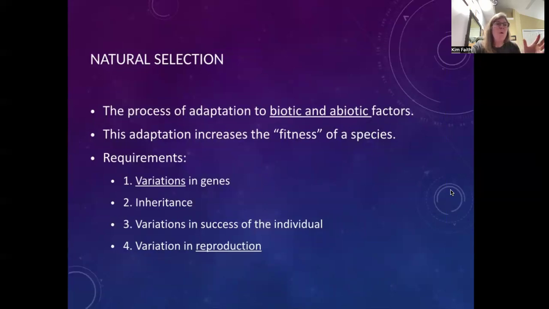So whatever is different, whether it is the color of your skin or the texture of your fur, those things have to give that individual some kind of selective advantage or success in that environment. And then variation in reproduction. Ideally, those individuals that are most fit, that have the best adaptation, will have more children. They will be able to get more resources, food, water, shelter, to then support their offspring.